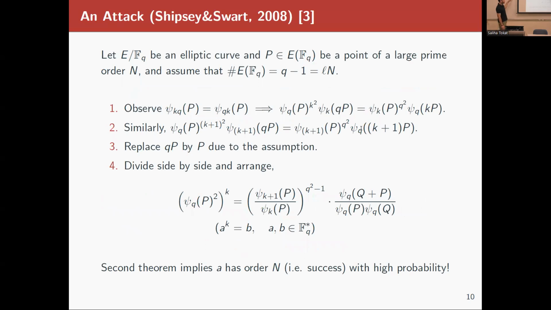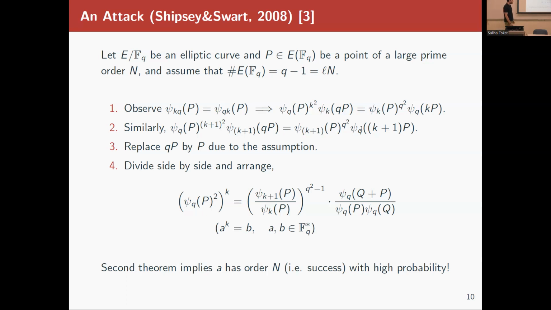With the help of these two theorems, we can see what our attack is. First, we need an assumption. The assumption is that the elliptic curve has q minus 1 points. With the help of this assumption and algebraic manipulations, we can get this equation. You can see here these psi functions will give us elements of Fq star.